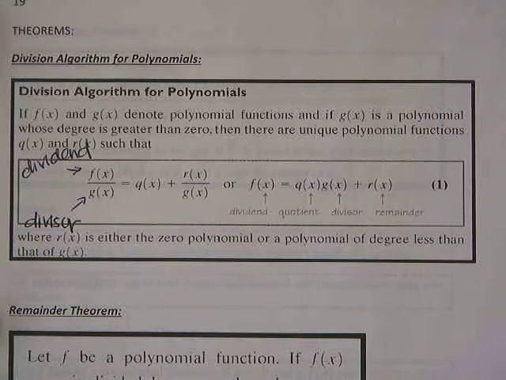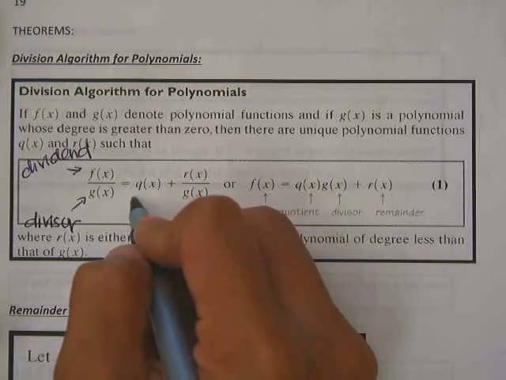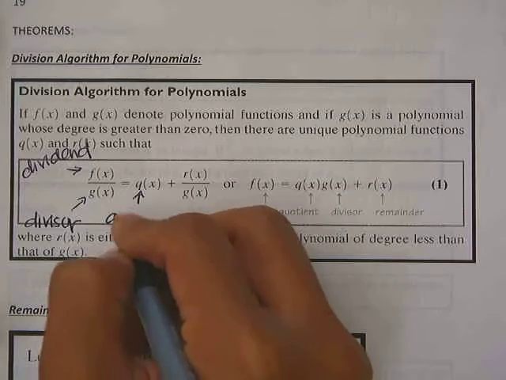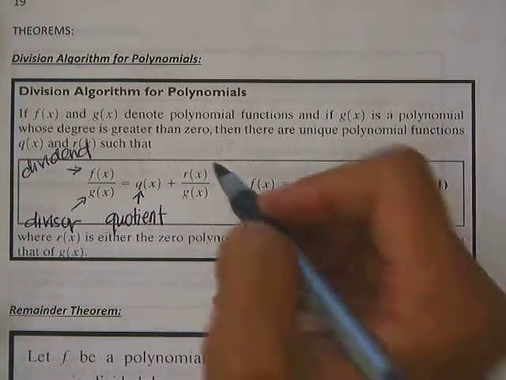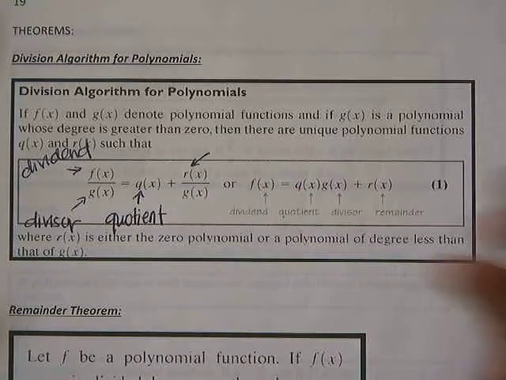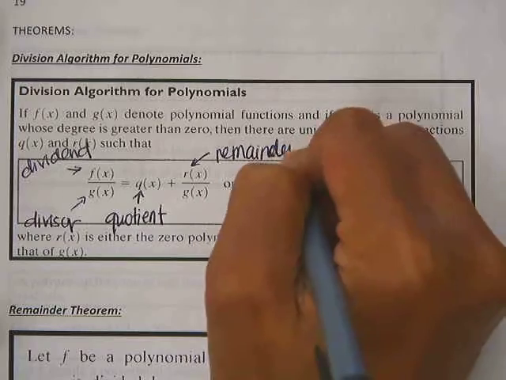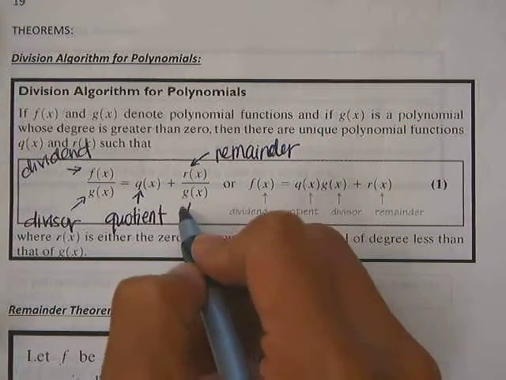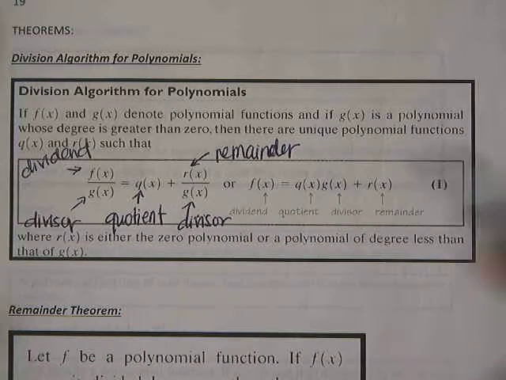When we divide them, we get the answer, and the answer to a division problem is called a quotient. And we also have a remainder, sometimes we do and sometimes we don't. So here's our remainder, and our remainder is always over our divisor. So that's all the same.